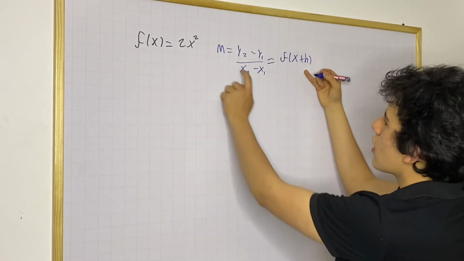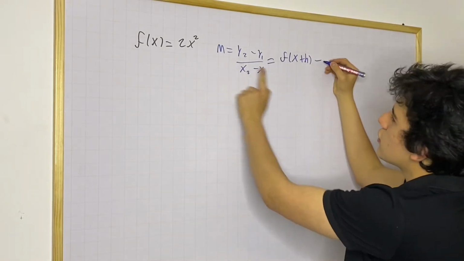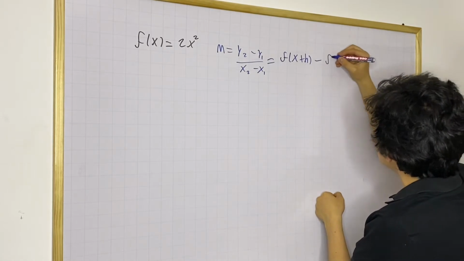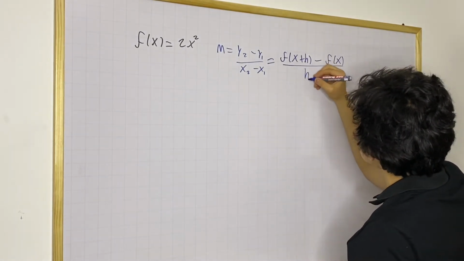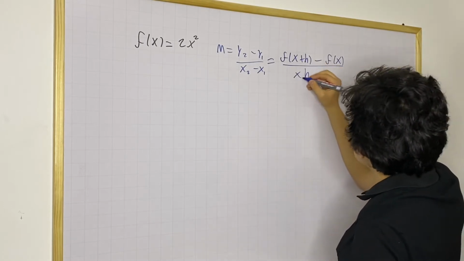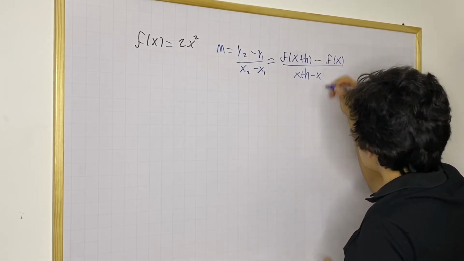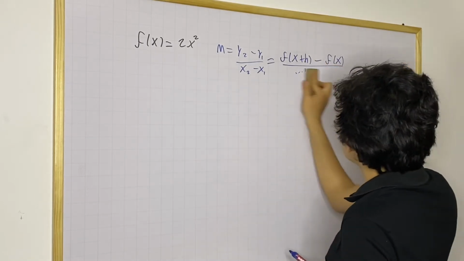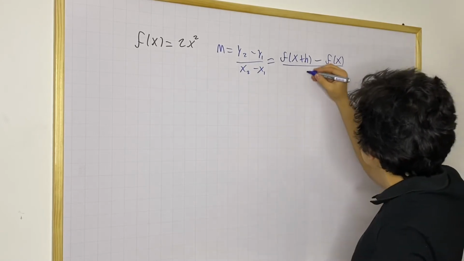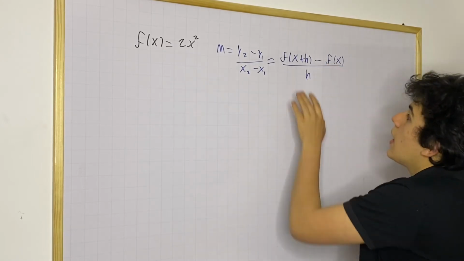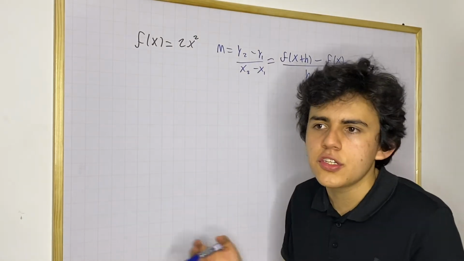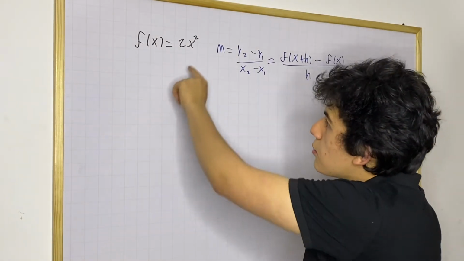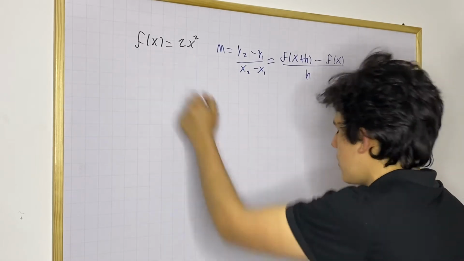This would be like our y2 value minus our smaller y value, which is f of x, and all of this divided by h, okay? This is technically x plus h minus x, but we know the x's are just gonna go out, so you get h. Now this is the definition, and this is missing, of course, the limit as h is approaching 0. And we're going to apply that limit to this function.